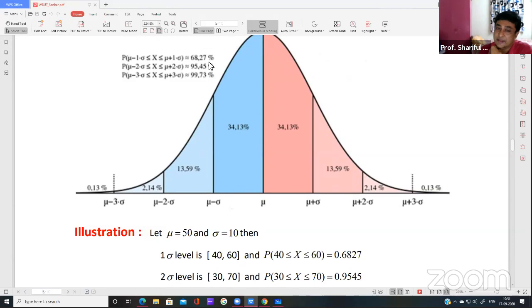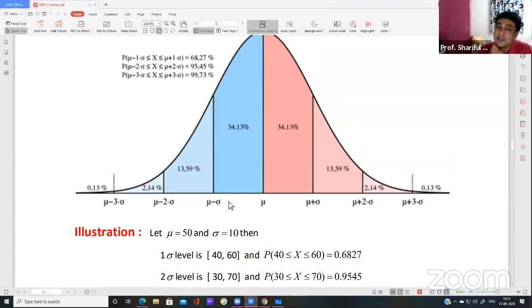68.27%. Similarly, if we move from mu minus 2 sigma to mu plus 2 sigma, this area is fixed. This is called the 2 sigma level, and that area is 95.45%. And what is the 3 sigma level?